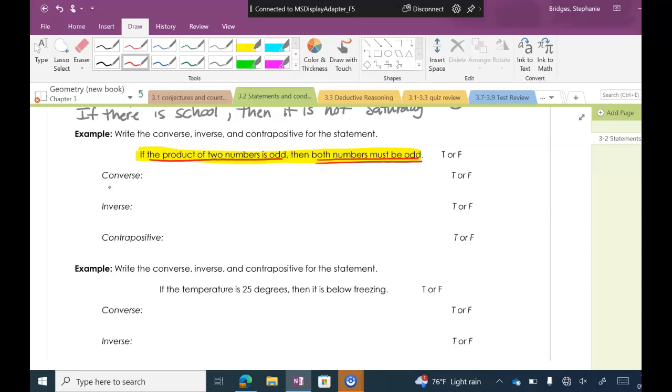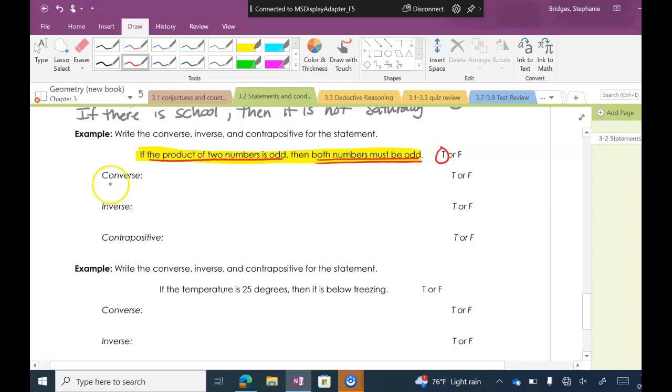Can you give me an example of two odd numbers being multiplied that is not odd? It's talking about odd, not positive or negative. Like if I do 1 times 3, that's 3, right? Or 5 times 3 is 15, or 3 times 7 is 21. It seems that they're always going to be odd, right? Okay, so that's going to be true.